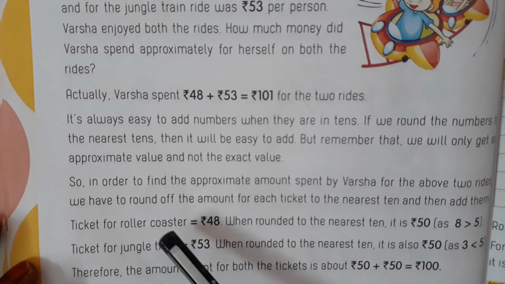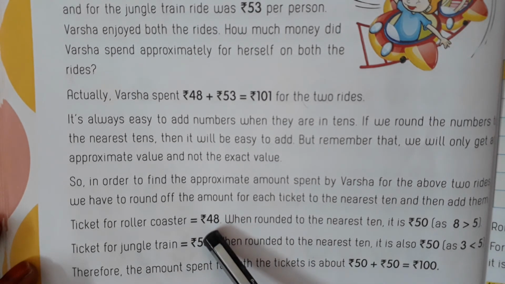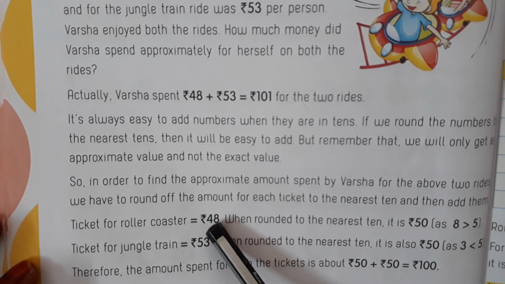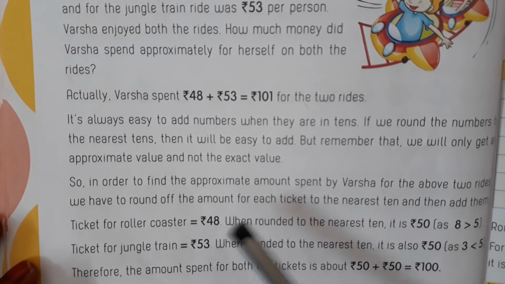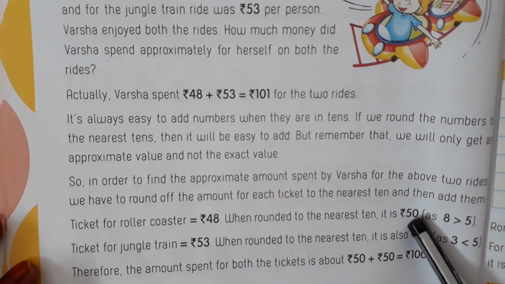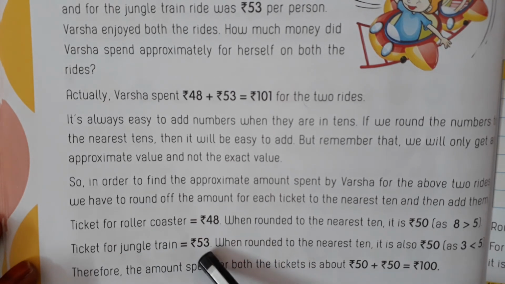The ticket for the roller coaster, how much? ₹48. When 48 is rounded to the nearest 10, how much will we get? Is 48 nearer to 40 or 50? 48 is nearer to 50. The ticket for the jungle train is ₹53.